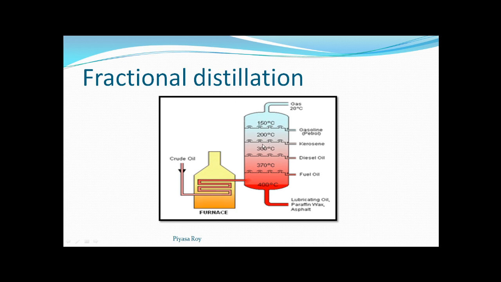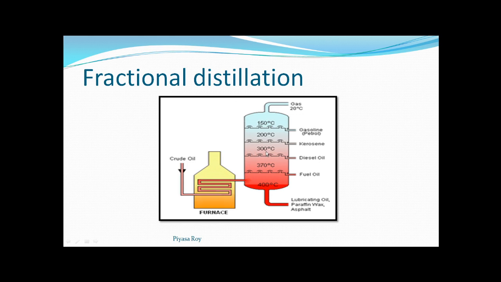And after that, if we continue this heating process, then at 200 degrees centigrade, kerosene will vaporize and again it will condense. So in this manner, one by one we can get the different components from the crude oil.